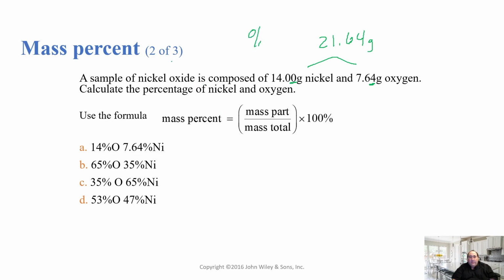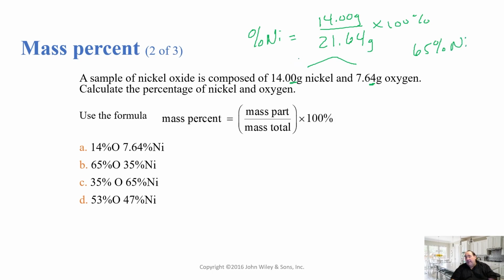So to find the percentage of nickel, we take the grams of nickel, which in this case is 14, times 100%. If we take 14 divided by our total times 100, we're looking at about 65%. It looks like they rounded a little bit there, so that's 65% nickel.